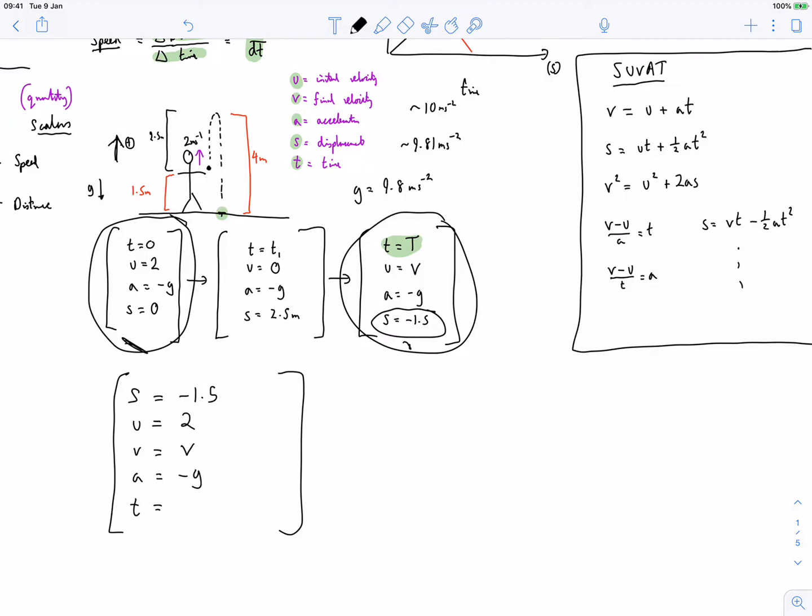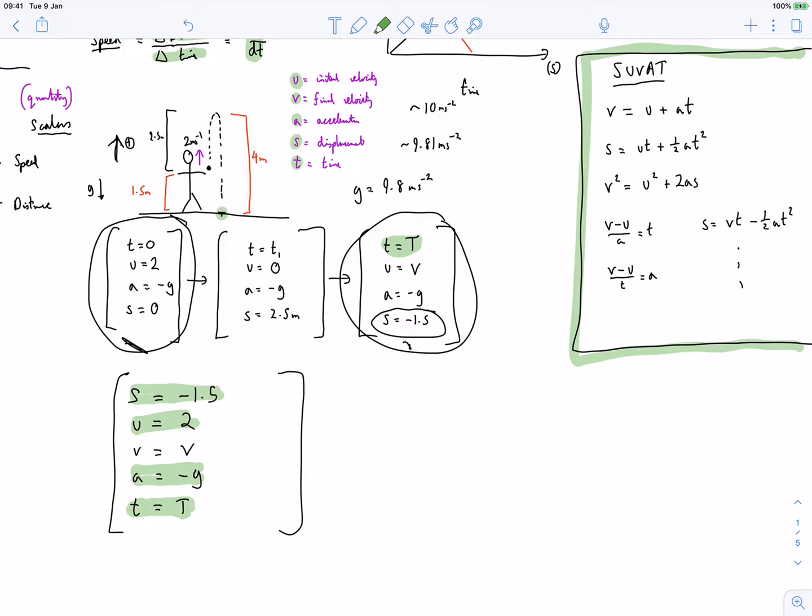And what's the total time? Well, that's just going to be capital T. So I need to work out what T is. And what other things do I know? Well, I know what S is, I know what u is, and I know what a is. So which equation on the right-hand side of this little SUVAT box only has S, u, a, and t in it?